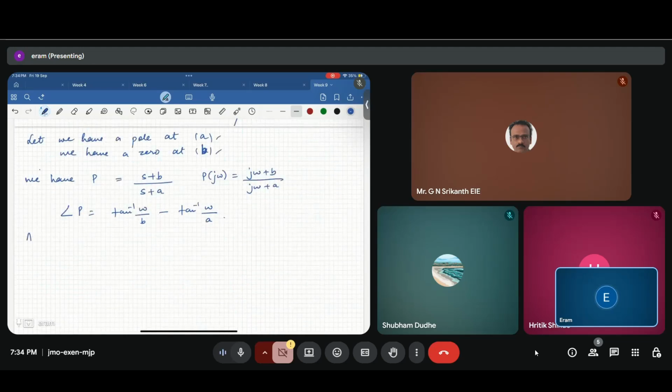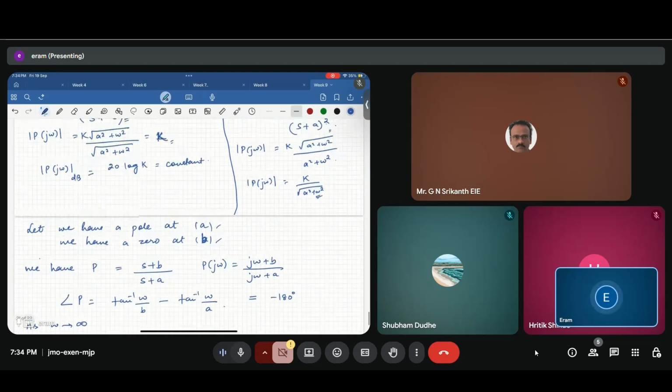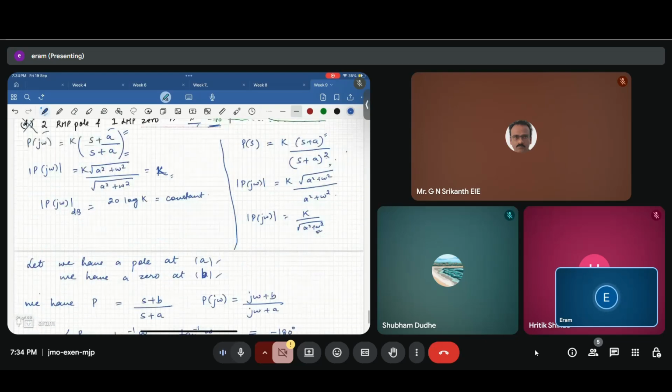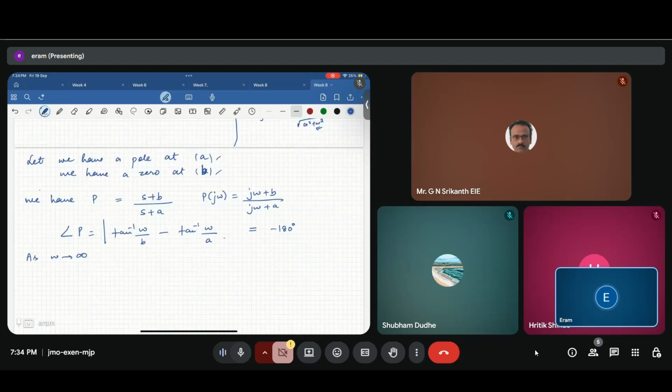So as omega goes to infinity, what are the possibilities? This is given to be equal to minus 180 degrees. And how can we equate this term to minus 180 degrees as omega goes to infinity?